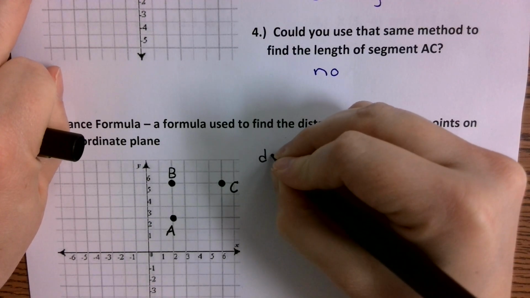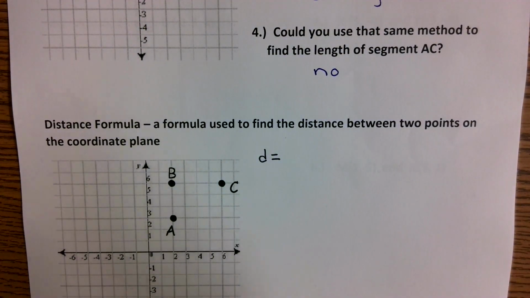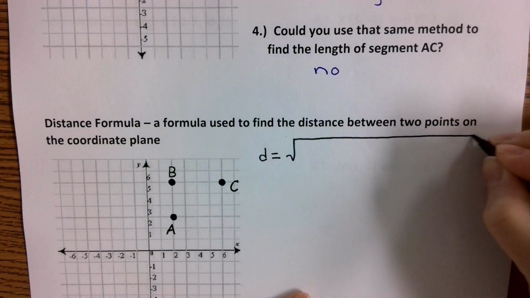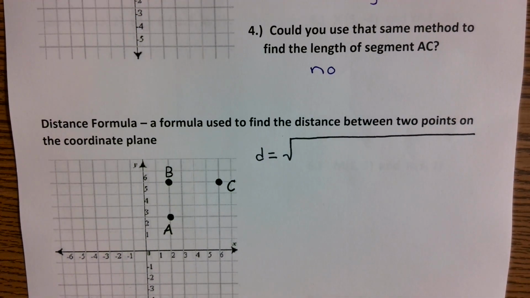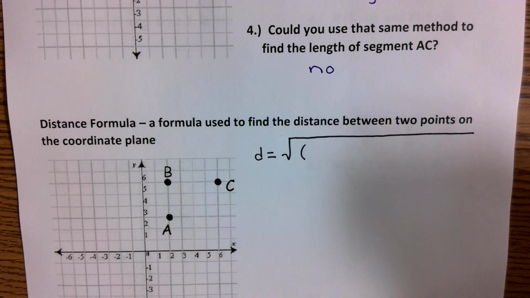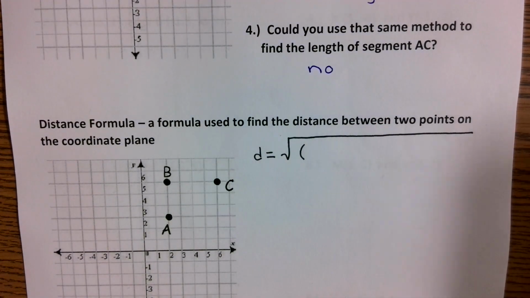So D is going to be equal to the square root. So you want to draw a very long square root symbol. It's the square root of the sum of the differences squared. So what that means is that you're taking the differences between your x values.